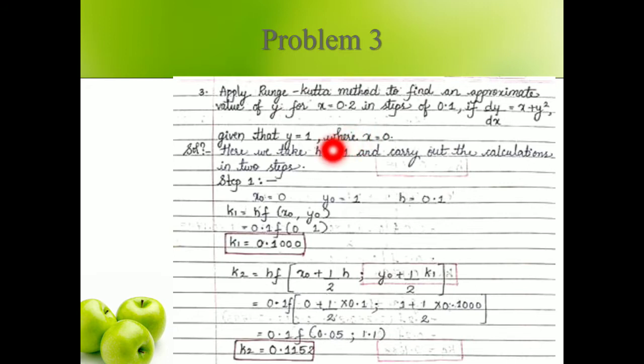Initially they have given the x value as 0 and the y value as 1, that is x naught is 0, y naught is 1. Step size is 0.1. Find k1, that is h of f of x naught, y naught. x naught is 0, y naught is 1. Substituting in dy by dx, that is x plus y square, we get k1 equal to 0.1. k2 equals h of f of x naught plus half h, y naught plus half k1.